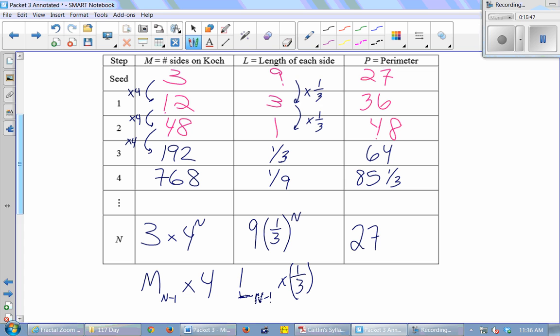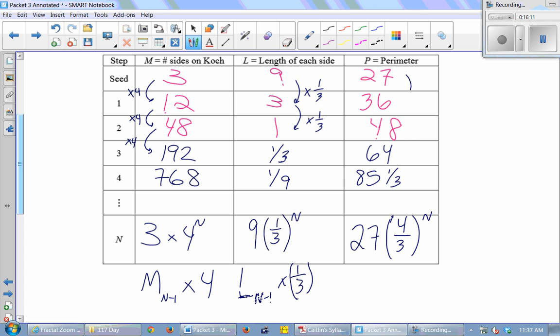So I'm looking at the 3 and the 9 first. What's 4 times a third? 4/3, yeah, to the n. So it looks like 4/3 is the number that you repeatedly multiply by.